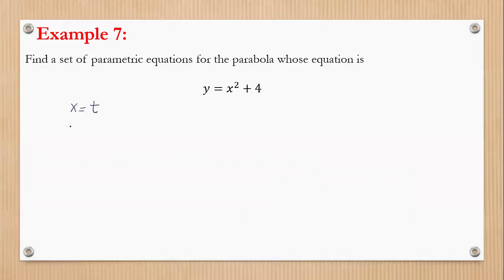Now find an equation for y. If we replace x by t, we get t squared plus 4. Now we have a set of parametric equations. We have two equations, one for x, one for y. They are both based on t, which represents the time, and these two equations are equal to this parabola equation.